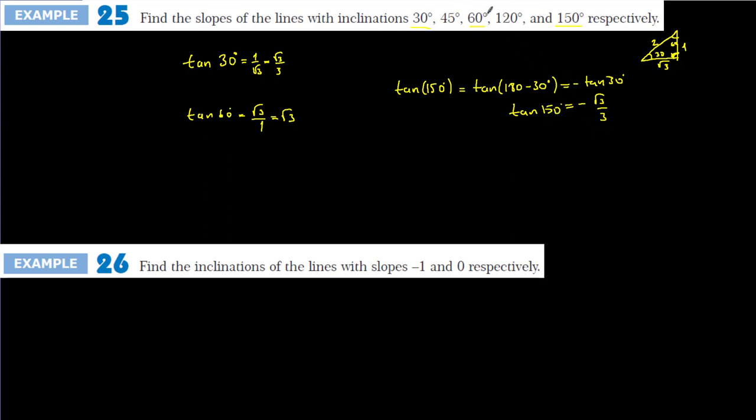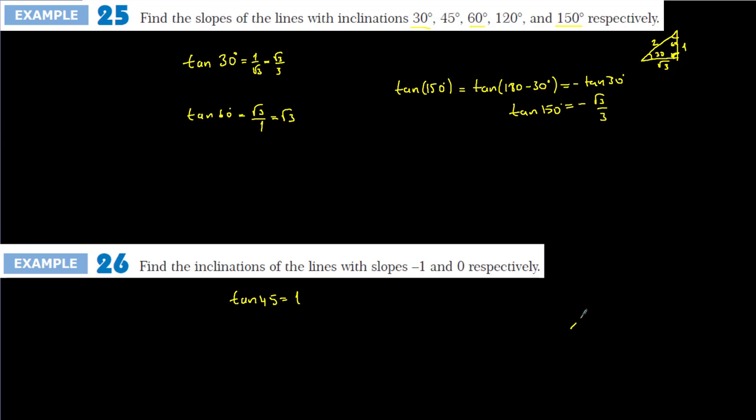We have 45 and 120 to do in class. Find the inclination that gives the slopes minus 1 and 0. In which case will it be minus 1? Let's remember that tangent 45 is equal to 1.